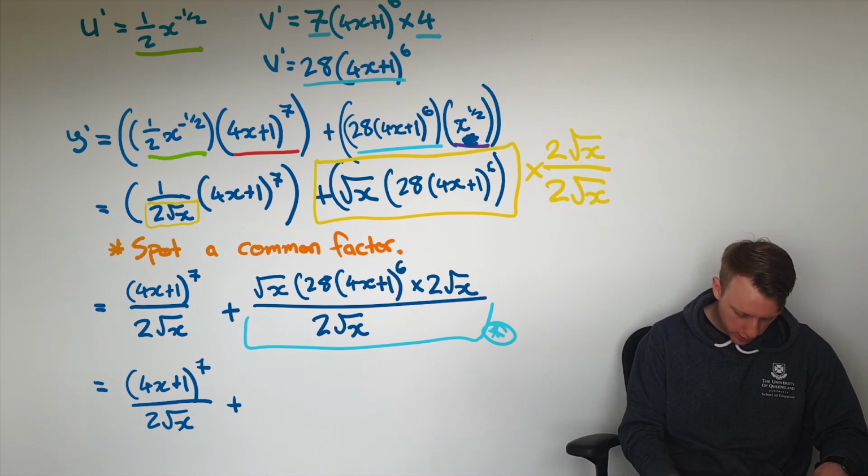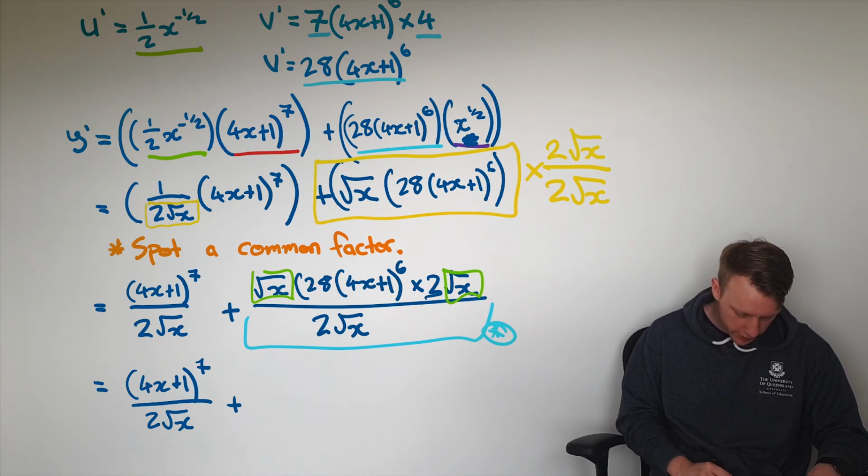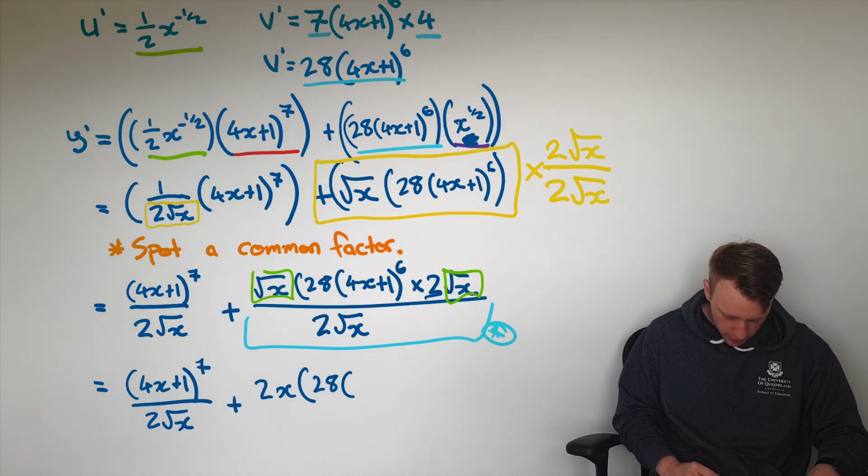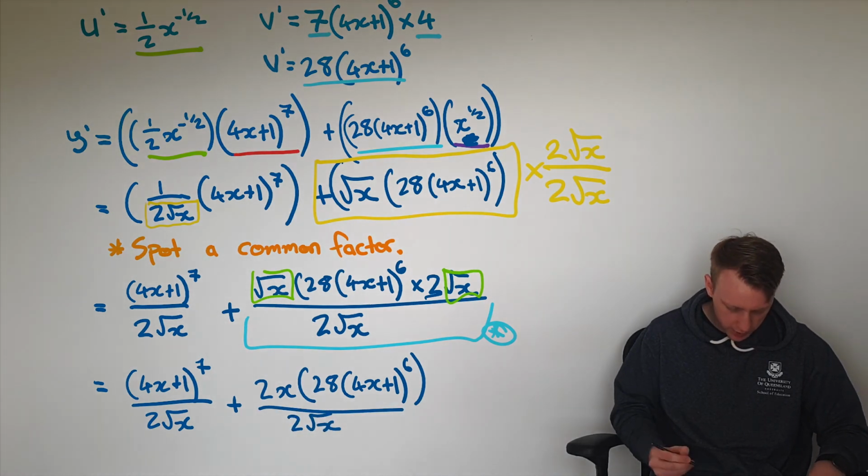We've got the square root of x times the square root of x, which is going to be x, and that 2 hanging over there, so I just get 2x outside of 28, 4x plus 1 to the power of 6, all over 2 square root of x.